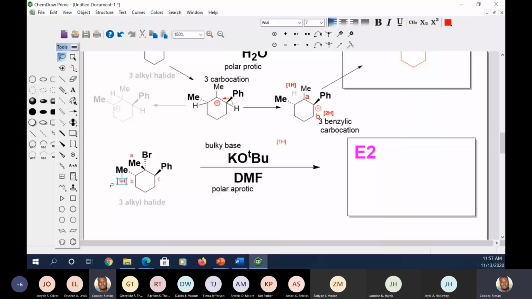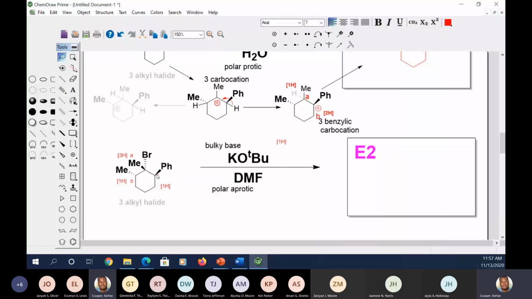And the methyl side has how many hydrogens? All right, I think everybody knows that a methyl group has 3 hydrogens. So which side will I pull a proton from? A, B, C, or D? I'm sorry, A, B, or C?